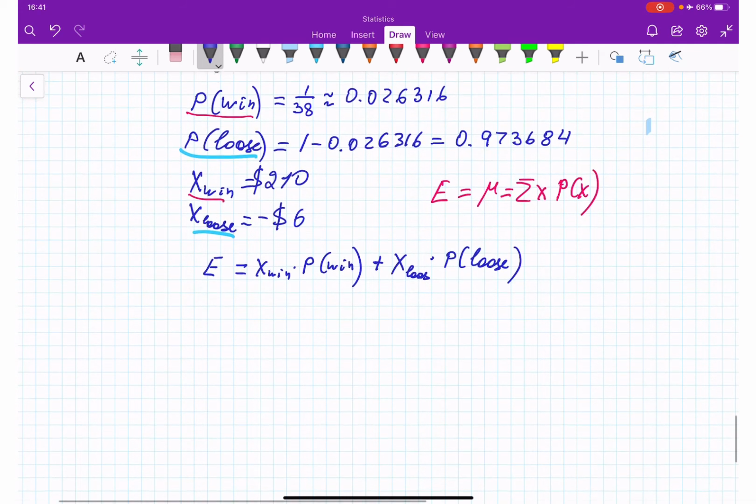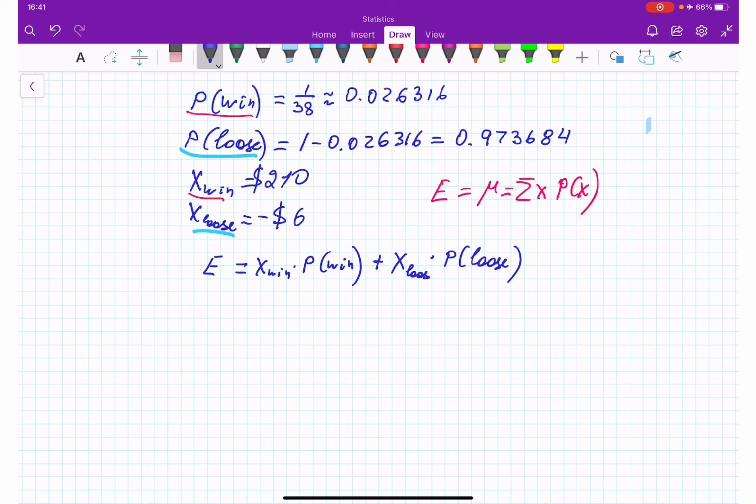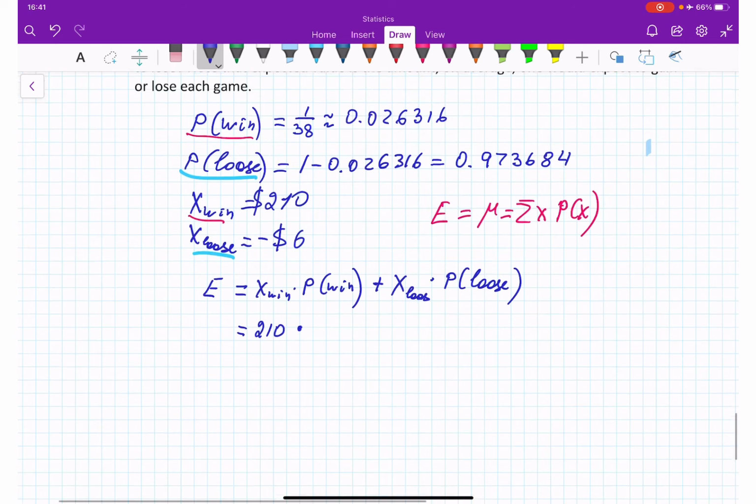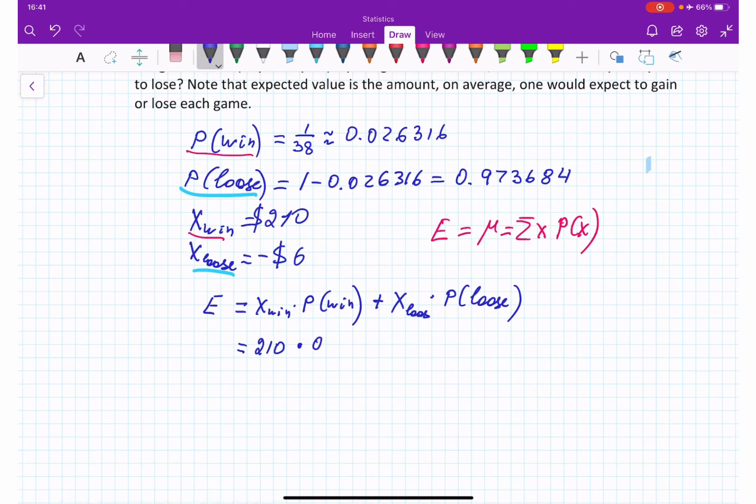So from here we have $210 times probability of win 0.026316, and then plus -6 times 0.973684.